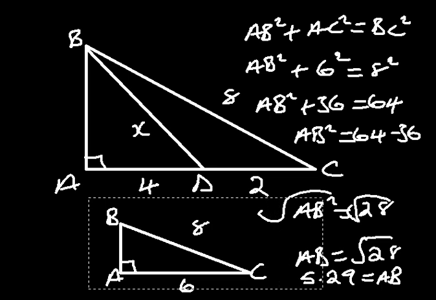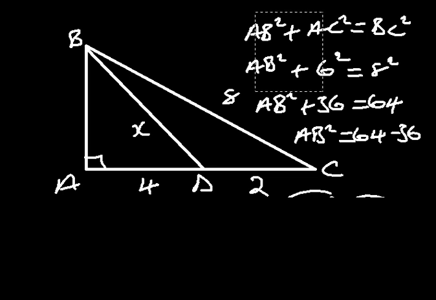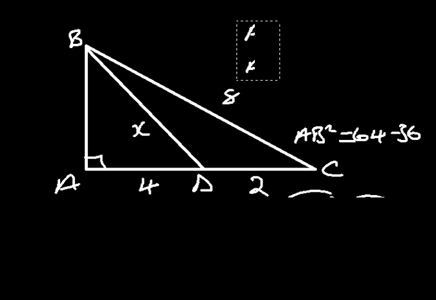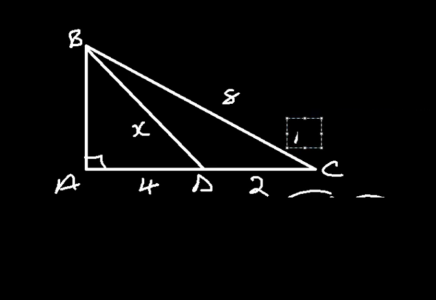Let me present the small triangle. So now this is 5.29. Now actually we're going to have the value of x using the small triangle. And let me present it properly. You should be able to see it clearly.